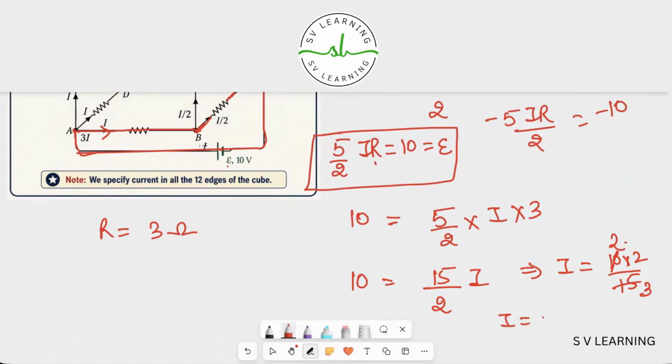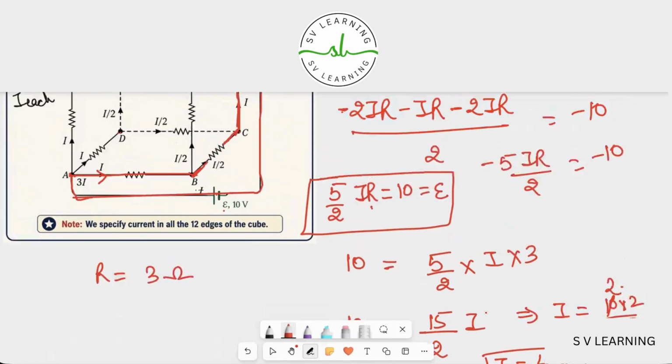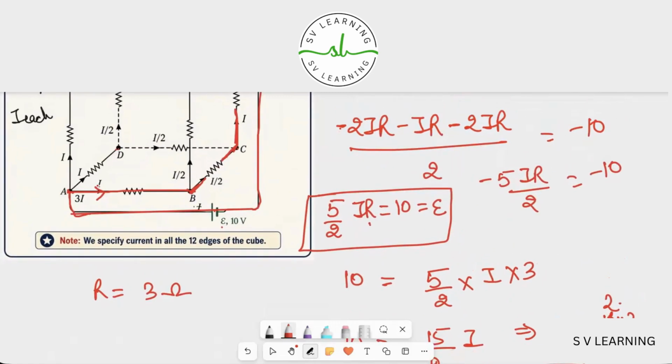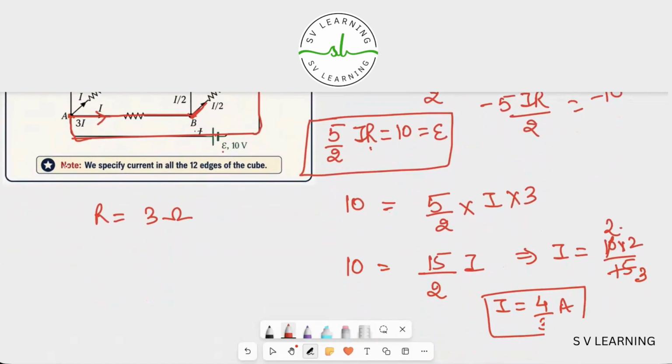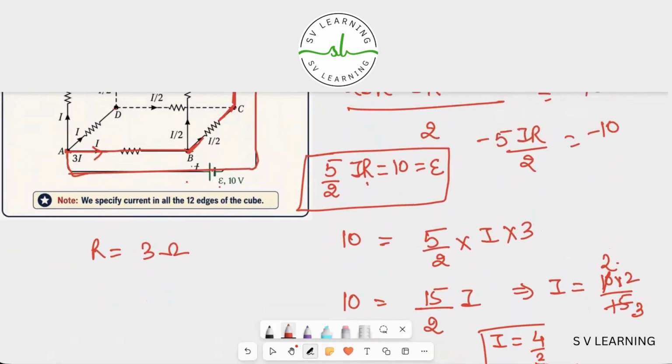So I get I as 4 by 3 amperes. Correct? So this current is 4 by 3, 4 by 3, and 4 by 3. The current in each outer edge is 4 by 3 amperes now. And the inner edge's current is I by 2.